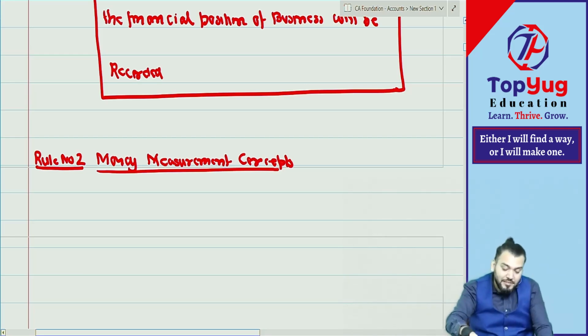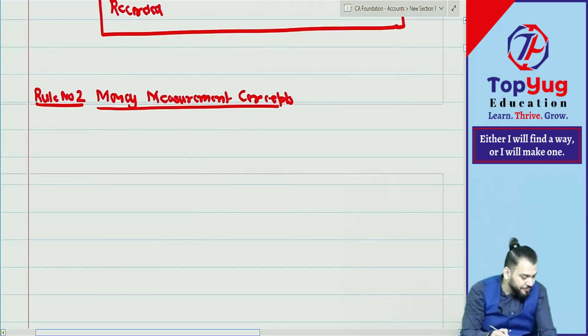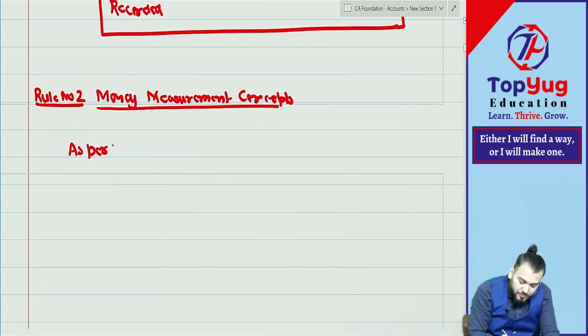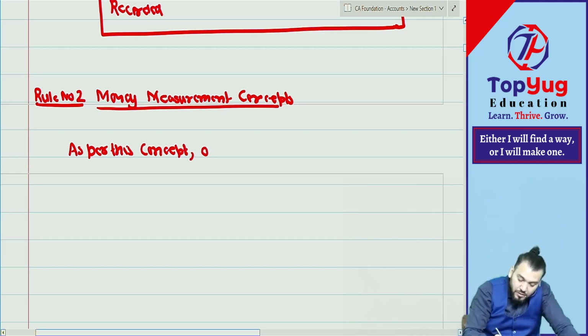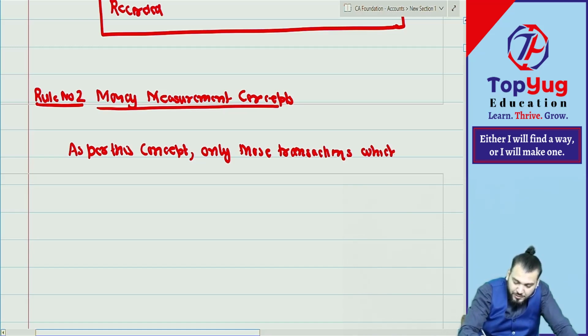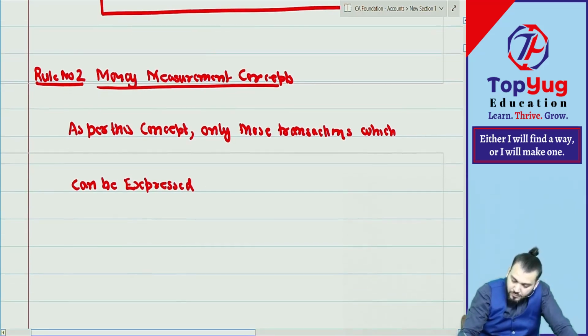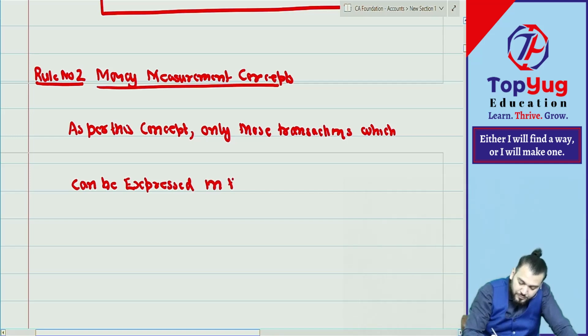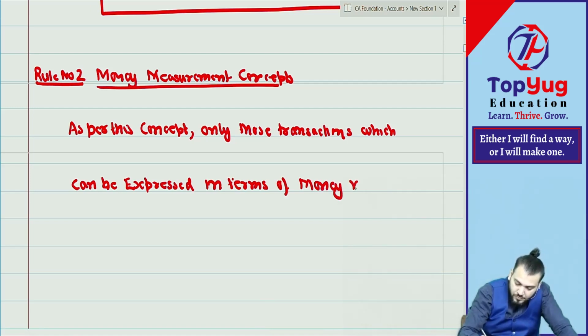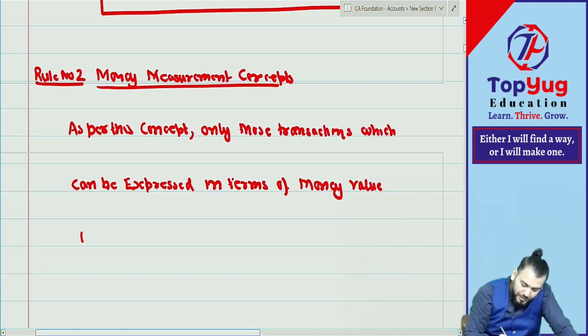So we have taken one assumption that any transaction which can be expressed in money will be written down. As per this concept, only those transactions which can be expressed in terms of money value will be recorded.